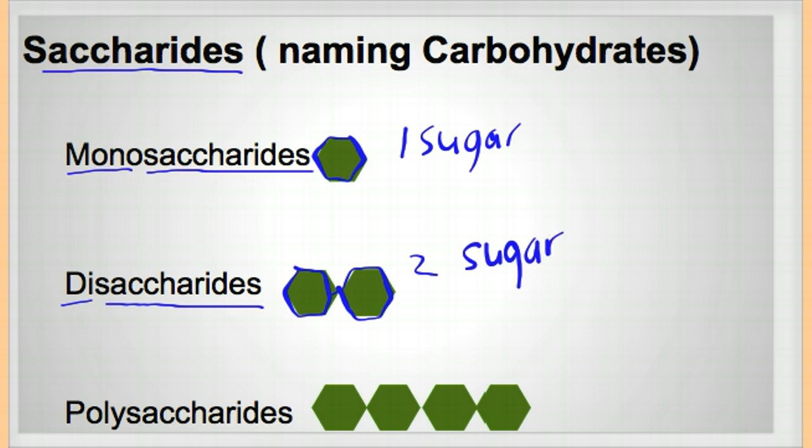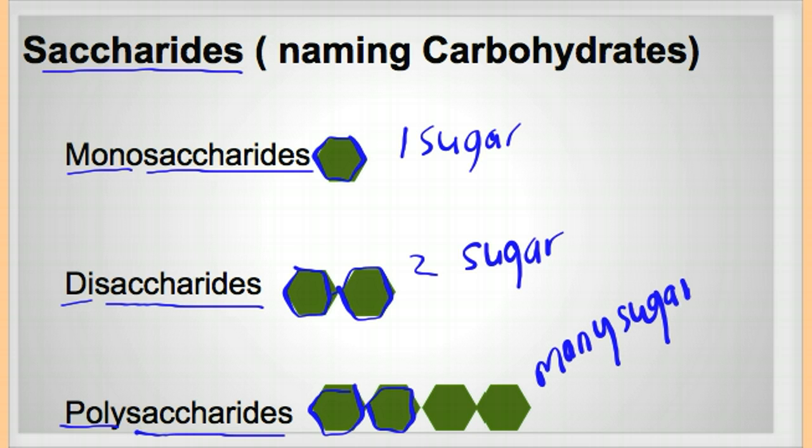And whenever we have many sugar molecules coming together, we have what is called a polysaccharide, many sugar. So a monosaccharide is one sugar, a disaccharide is two sugar, and a polysaccharide is many sugars.